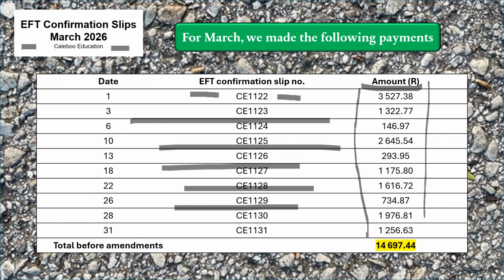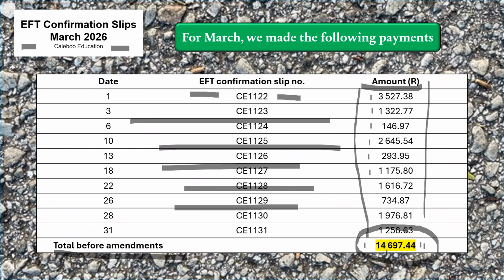So in front of you is a summary of what would appear in the bank column of the cash payments journal. And before we find the differences which result in our bank statement amount and the bank balance in our books to differ, before we look at those differences, the payments total before amendments for the month of March were 14,697.